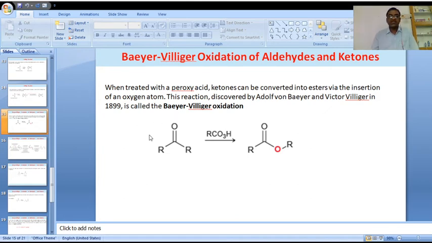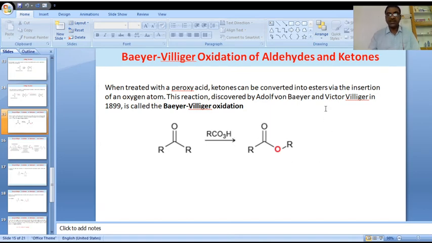Here once again please observe the reaction part. This is the ketone carbonyl functional group; on reaction with the peroxy acid it turns into an ester compound.